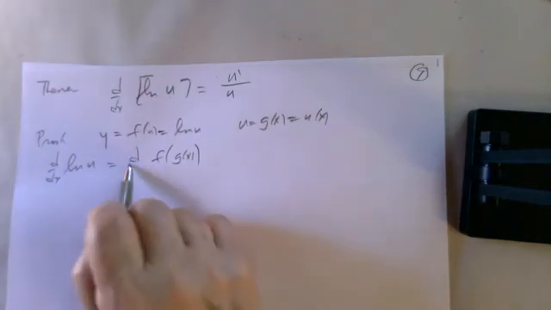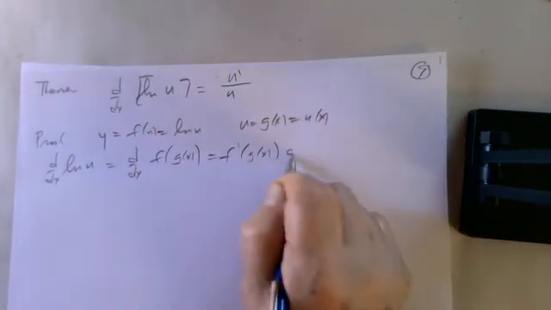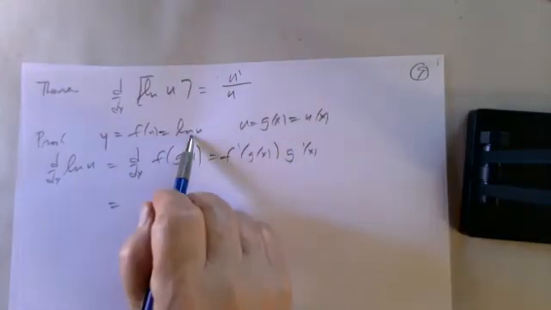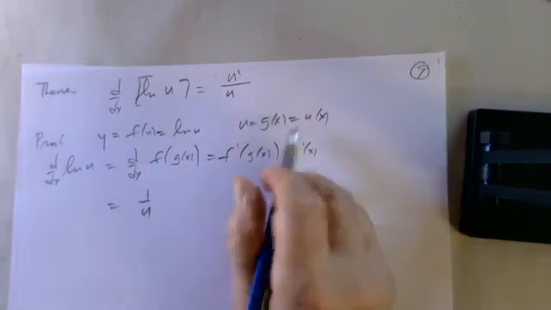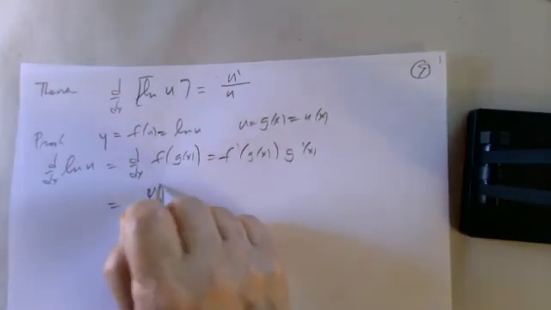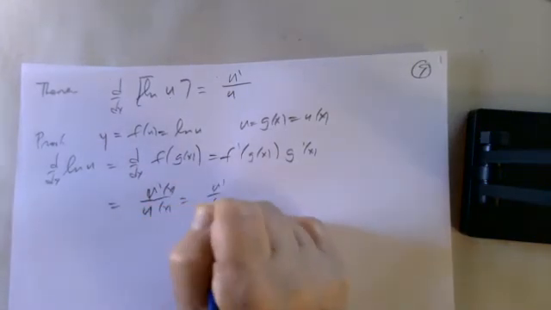So the derivative of this by the chain rule is f prime of g of x, g prime of x. F of u is log u. The derivative with respect to u is 1 over u. G of x is u of x, so the derivative of g is u prime of x. U prime over u.